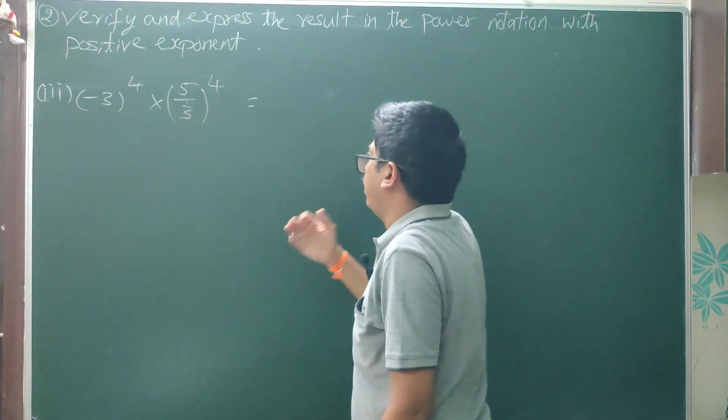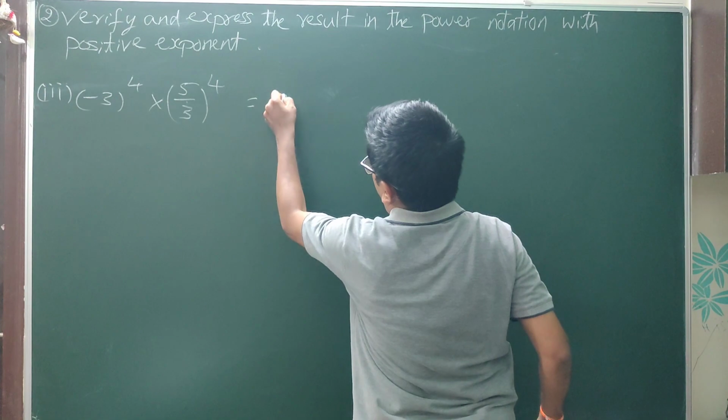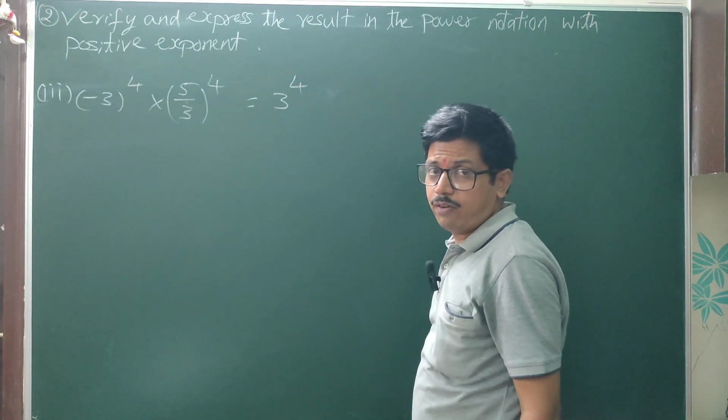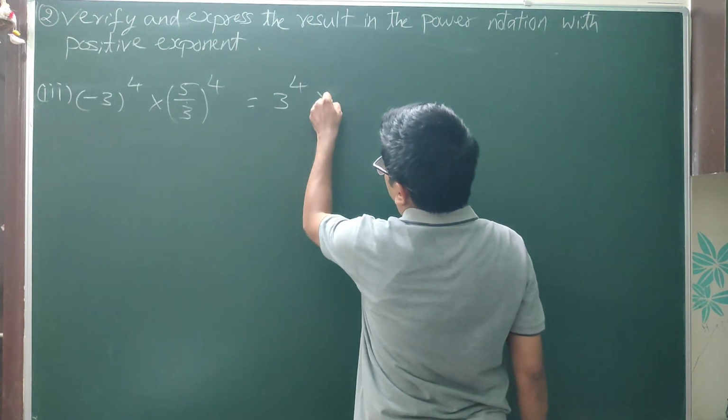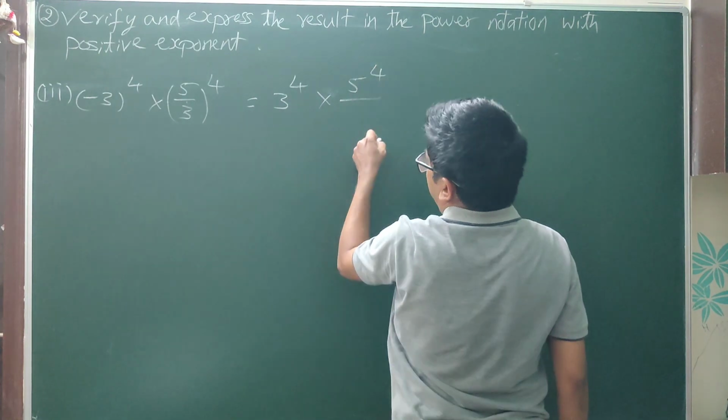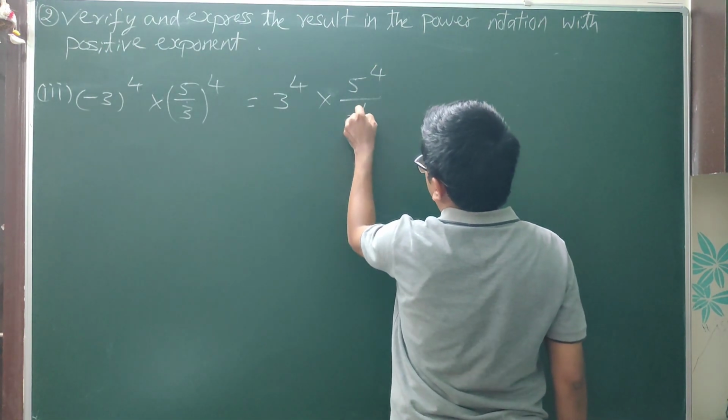So finally we will get it as 3 power 4 only, because the power is an even number, into this becomes 5 power 4 by 3 power 4.